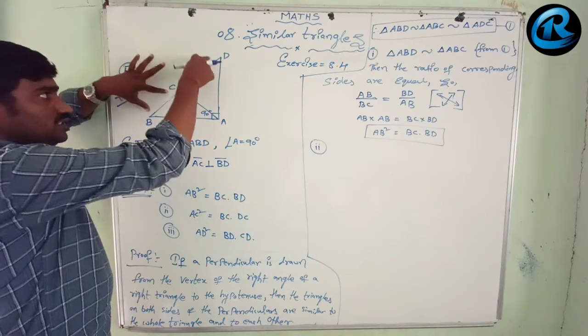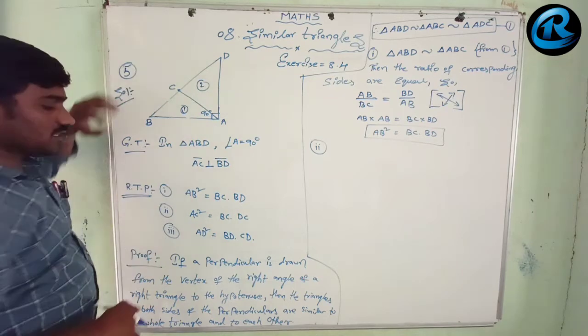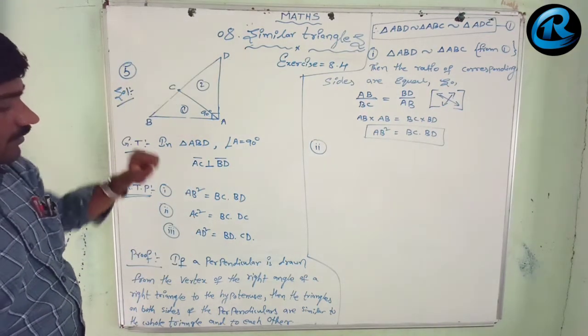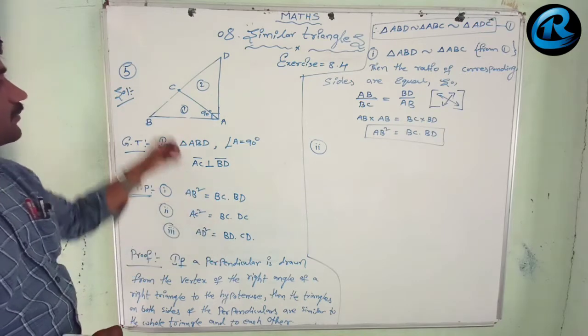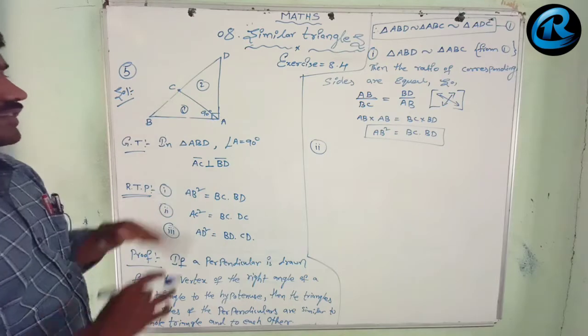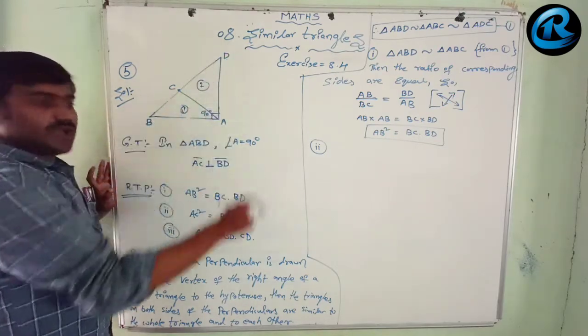That means we have to take these two triangles, this triangle and this triangle. Now AD, then BD and CD will be the next triangle. This second triangle and the whole triangle we have to take in the third one.